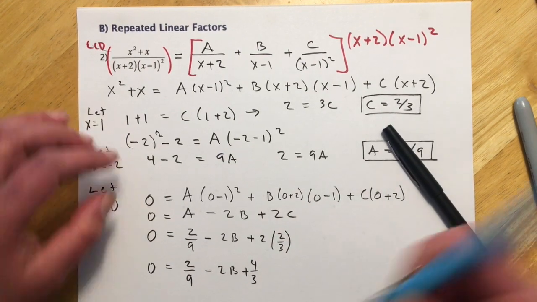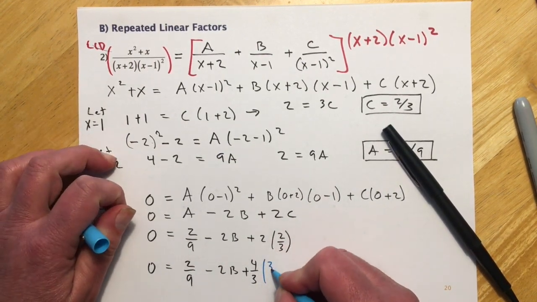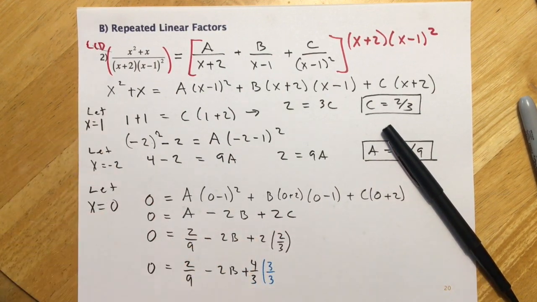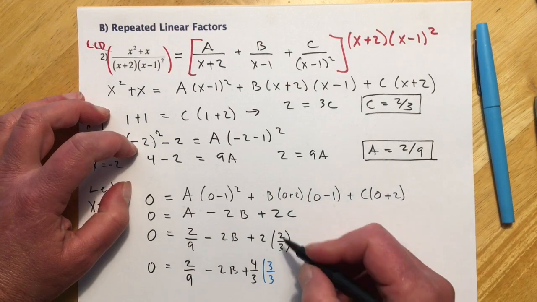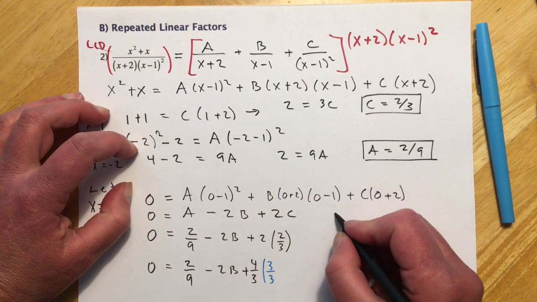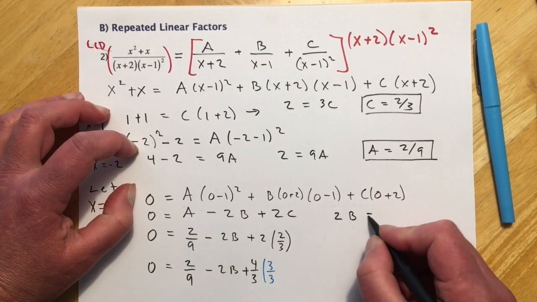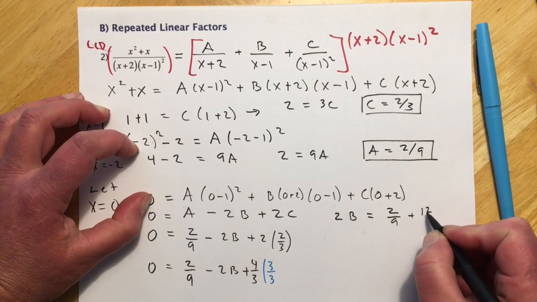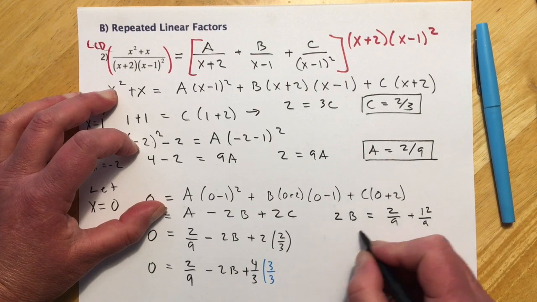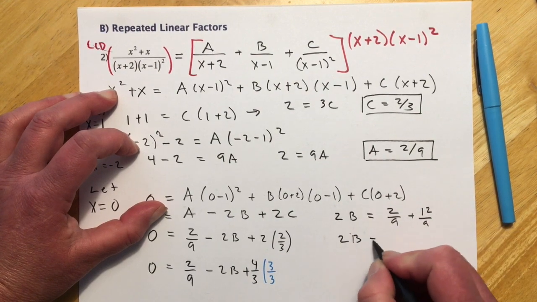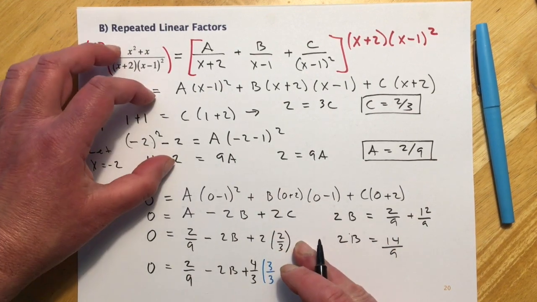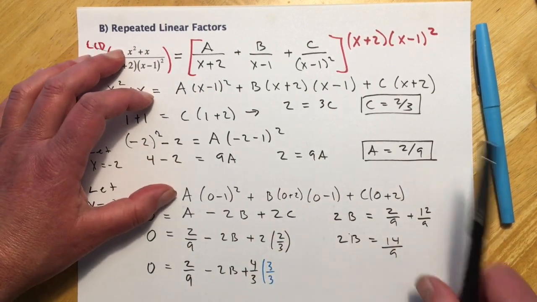And so I'm going to make this 3/3 right here. And then I'm going to add this 2b over. I'm going to sneak up here with it just because I'm running out of room. So then bringing this over, that becomes positive 2b equals 2/9 plus 12/9, or 2b equals 14/9. So you can see why we don't want to do this if we don't have zeros, because it's not that great.